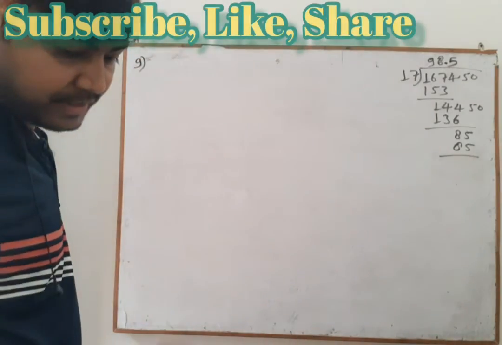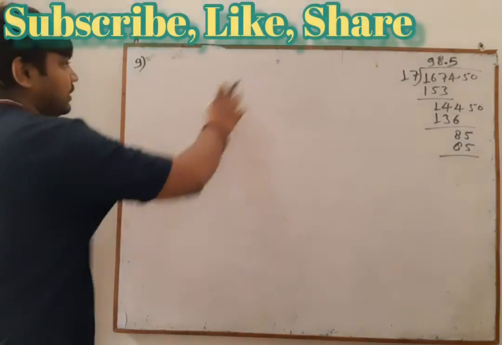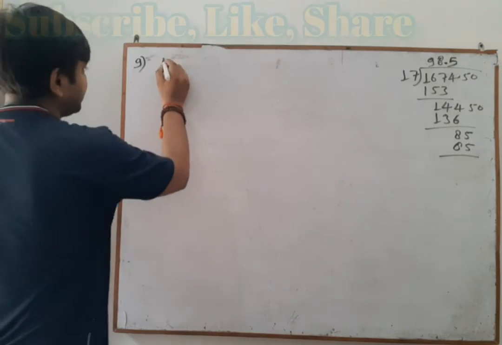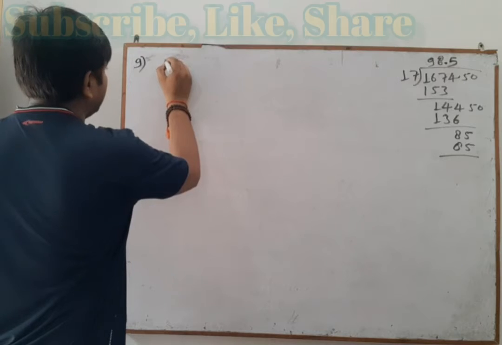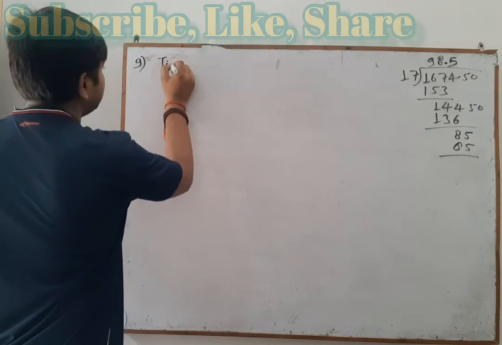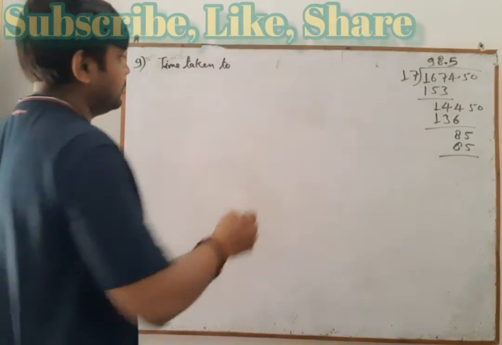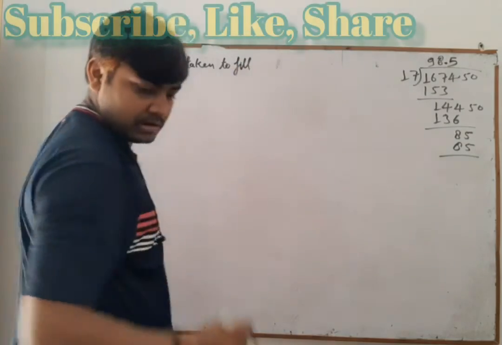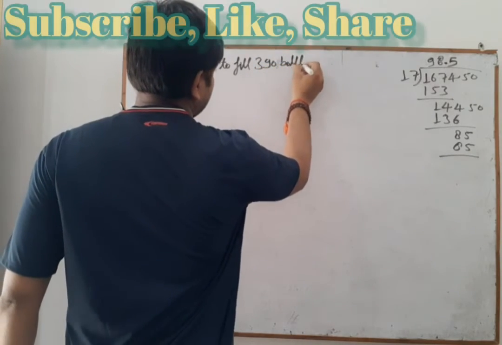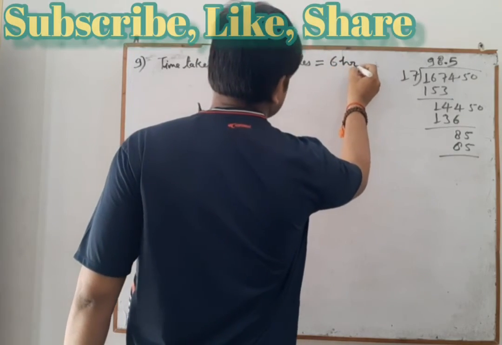It says that a machine fills 390 bottles of soda in 6 hours. Time taken to fill 390 bottles is equal to 6 hours.